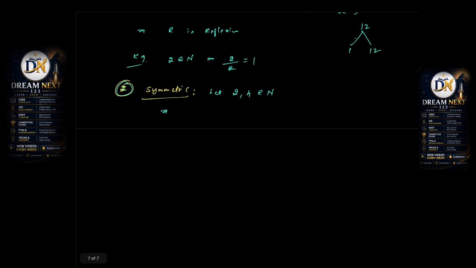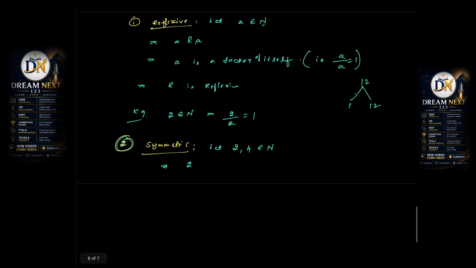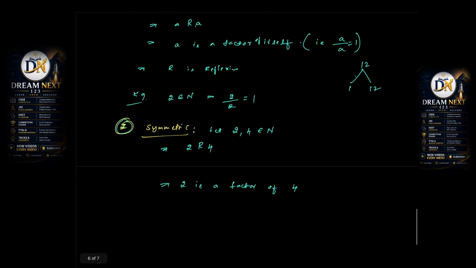We know that 2 is related to 4. We'll write 2 is related to 4. That means 2 is a factor of 4. 2 divides 4 completely, leaves remainder 0.